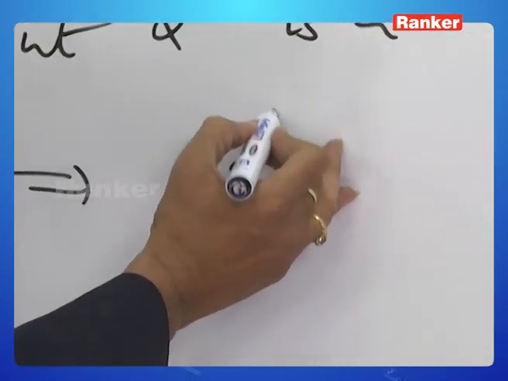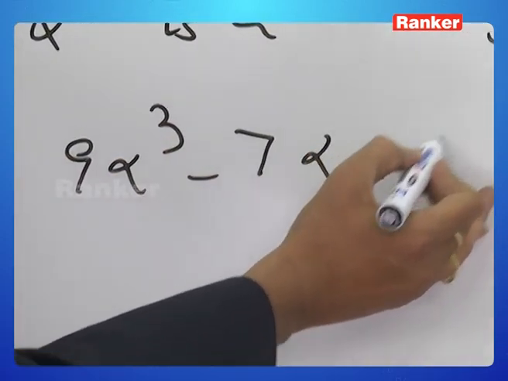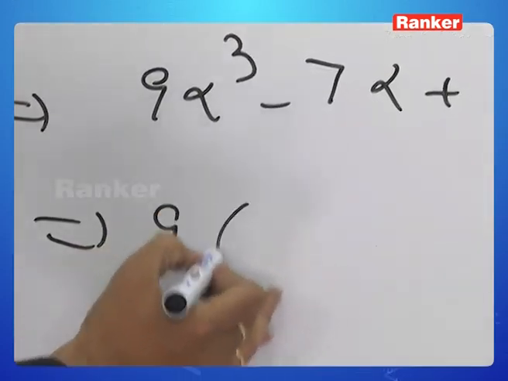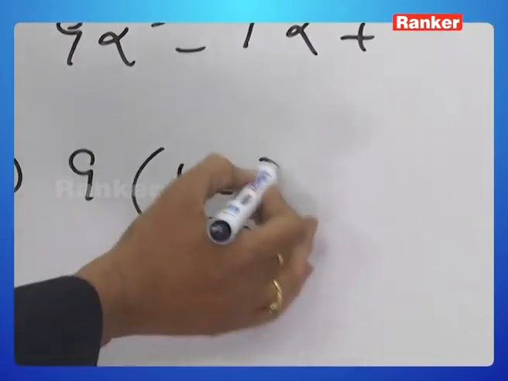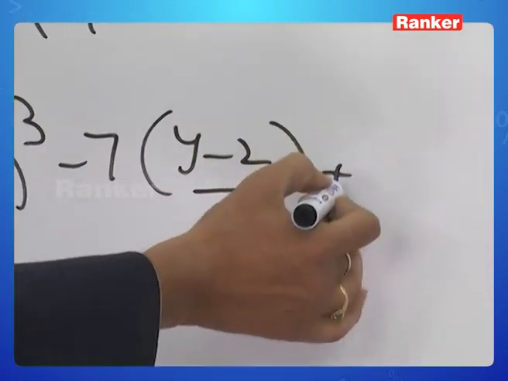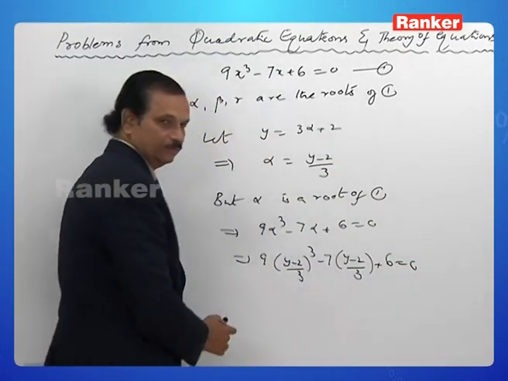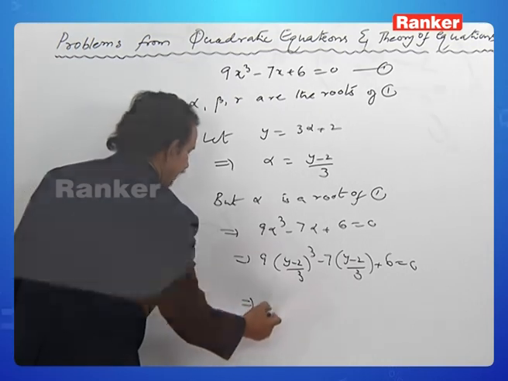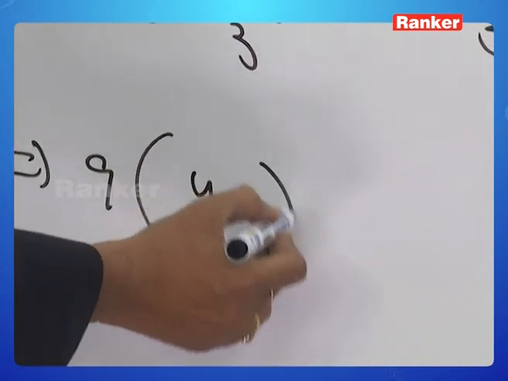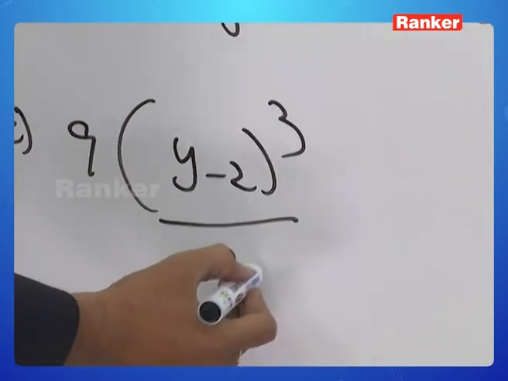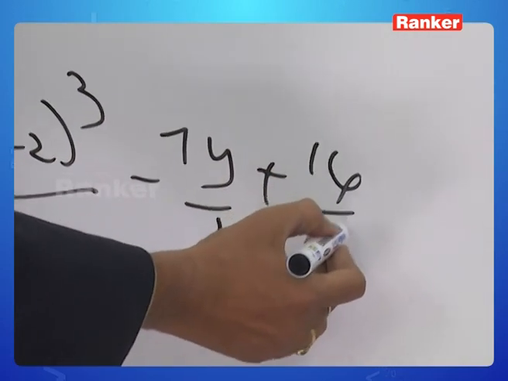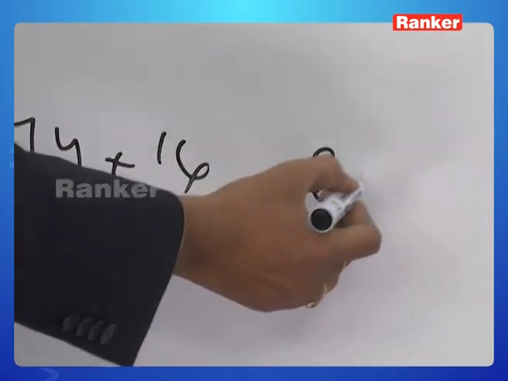It implies 9 alpha cube minus 7 alpha plus 6 is equal to 0. Implies 9 into ((y minus 2) by 3) whole cube minus 7 into (y minus 2) by 3 plus 6 is equal to 0. Implies 9 into (y minus 2) whole cube by 27 minus 7y by 3 plus 14 by 3 plus 6 is equal to 0.